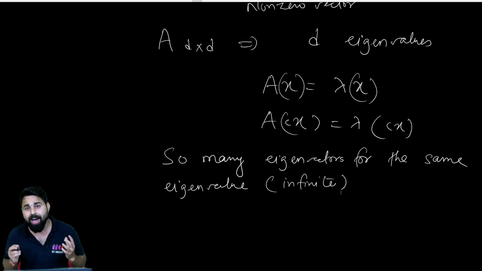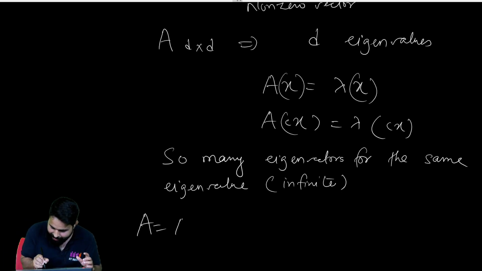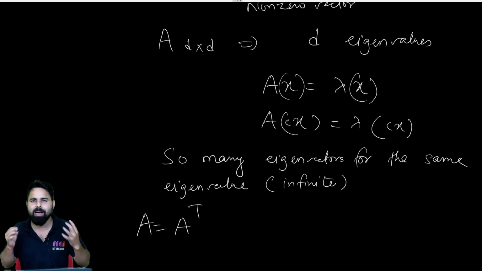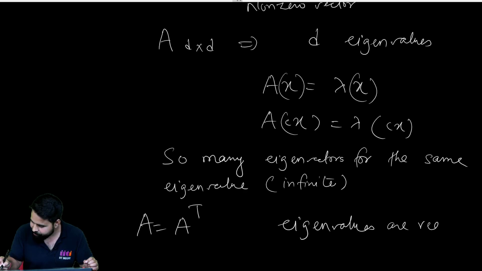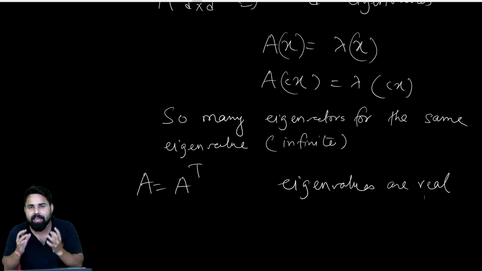Now when the matrix is symmetric, that is, A equal to A transpose, many beautiful things come up. The first thing is that all the eigenvalues are real, and we can always get d orthonormal eigenvectors corresponding to these eigenvalues.